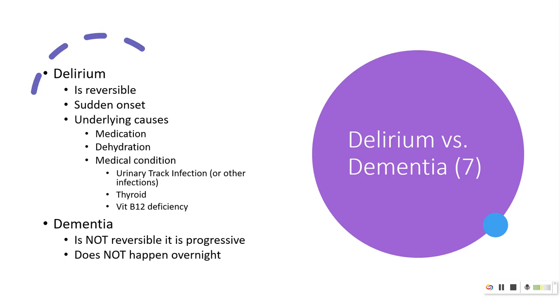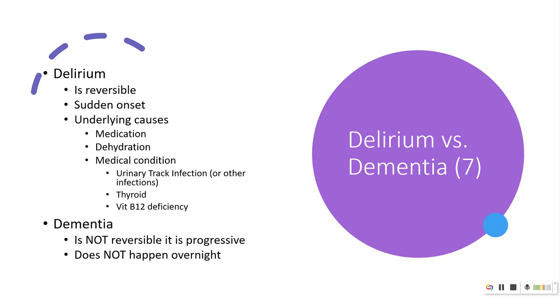A lot of times, if an elderly person goes into surgery and has any type of anesthetic, it takes a while for that anesthesia to clear out of their body. So they come out of the operating room and they might have some confusion. So again, we have to make sure we're looking at whether it is delirium versus dementia.